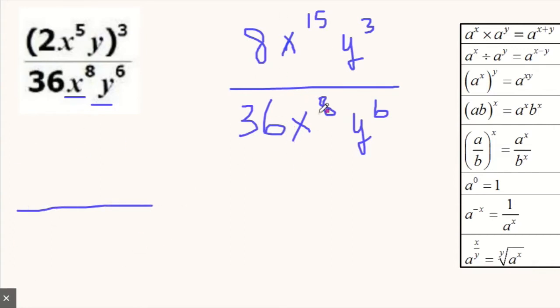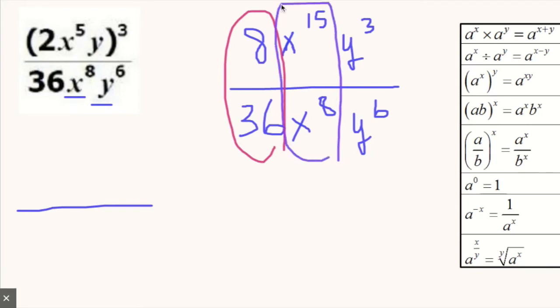First, let's look at this expression. We have numbers in the front, then we have our x, and then we have our y. And we're dividing these. So we can use this rule. Let's start with our y's.